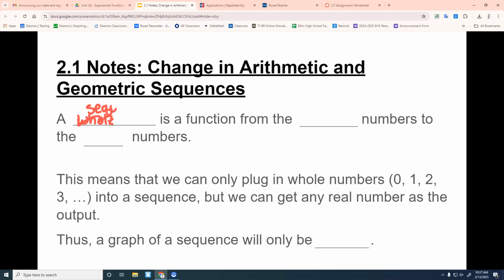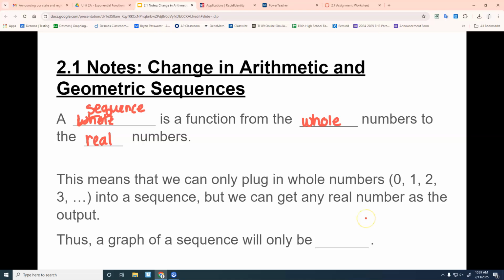So in a sequence, the numbers that you are putting in are only whole numbers. So there's no 1.5 getting plugged in. It's just 0, 1, 2, 3, 4, 5, and so on. I originally was thinking integers, but that would include negatives.